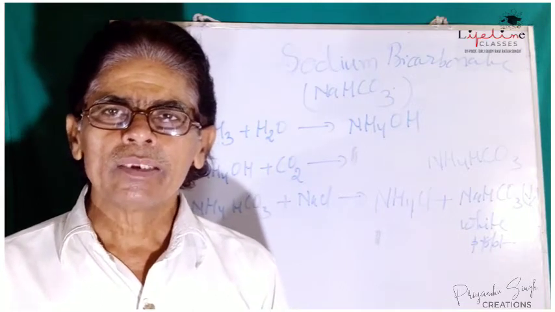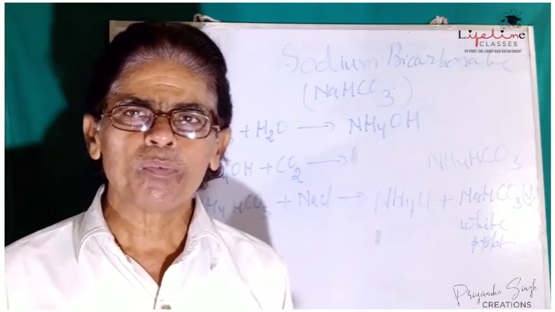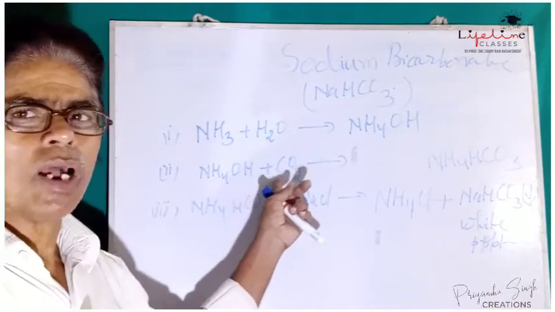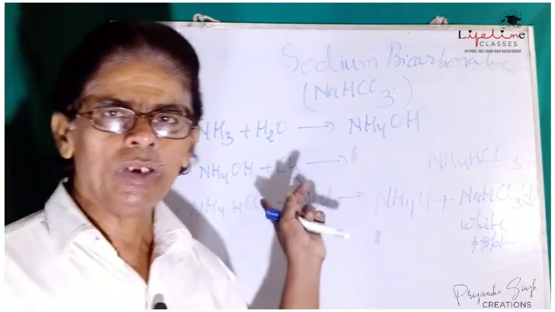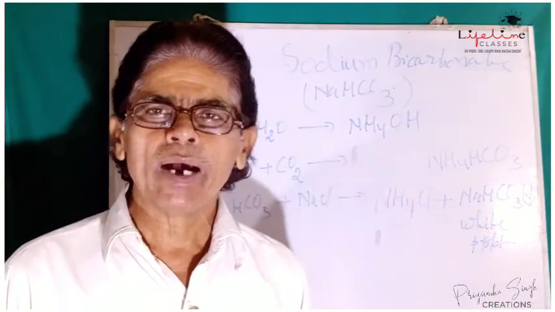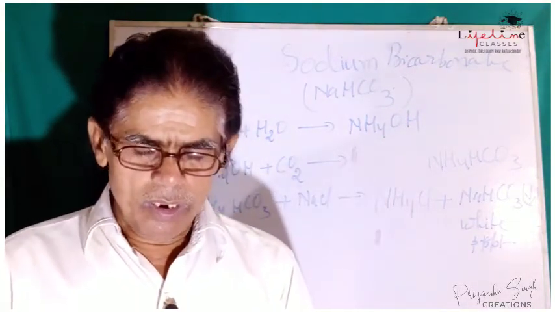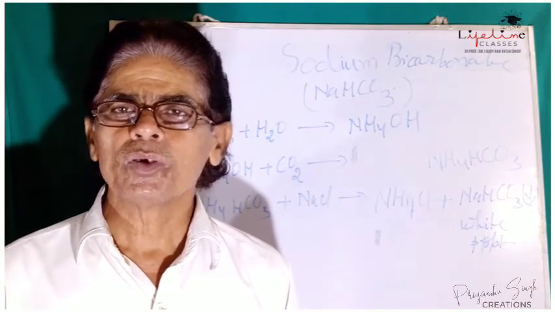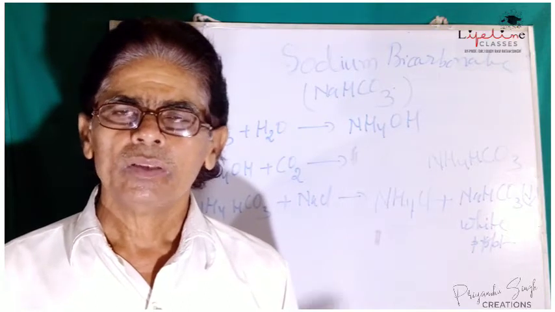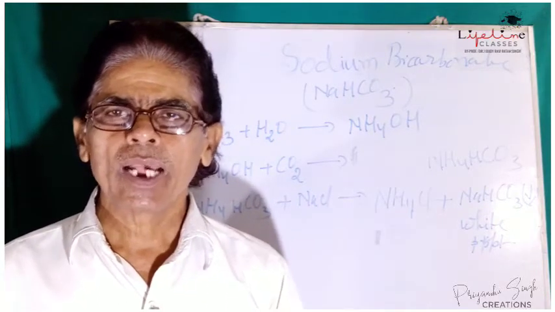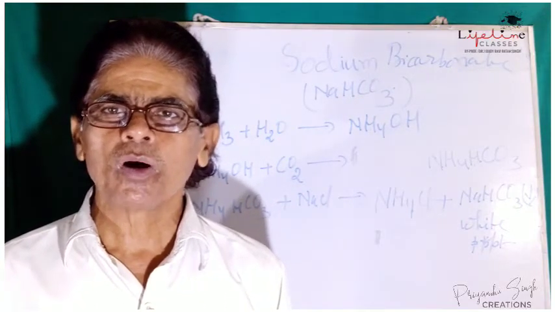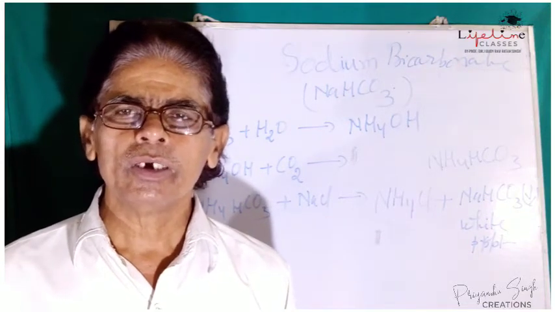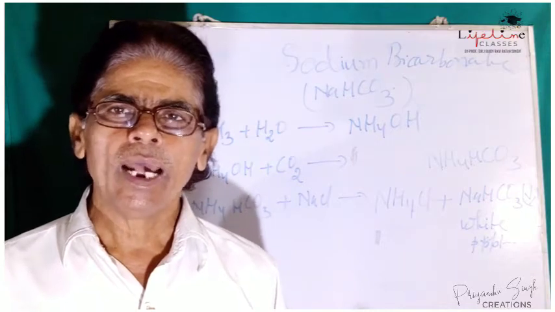The carbon dioxide used here is obtained by thermal decomposition of lime, that is calcium carbonate. When calcium carbonate is calcinated in the kiln, it gets converted into calcium oxide and carbon dioxide.